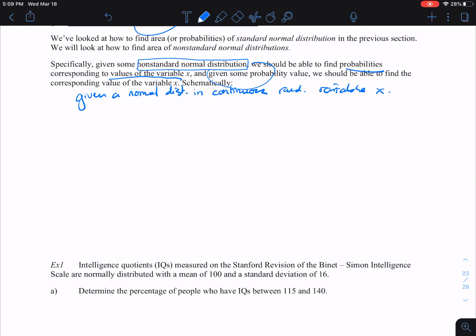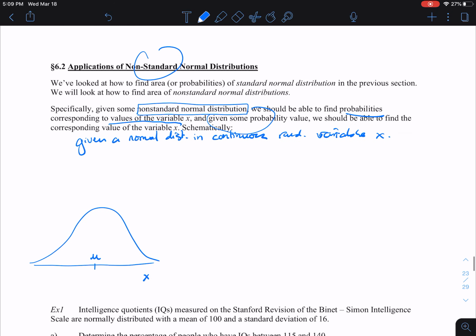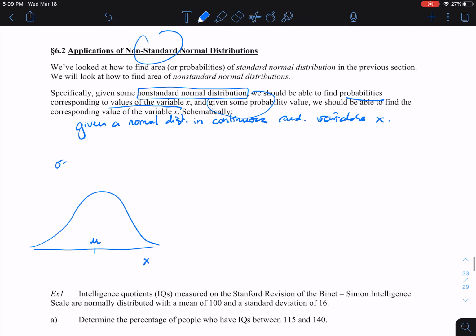To draw that, we draw a normal distribution with an x variable, the mean here, and whatever the sigma may be. But we know it's not going to be 1. The mu can't be equal to 0, because the standard normal distribution has a mean of 0 and a standard deviation of 1. So we know that's not the case here.